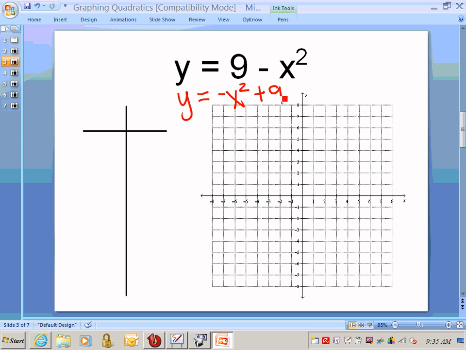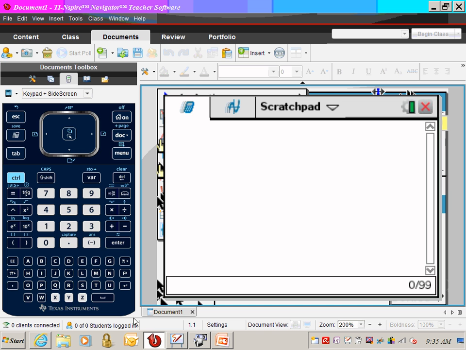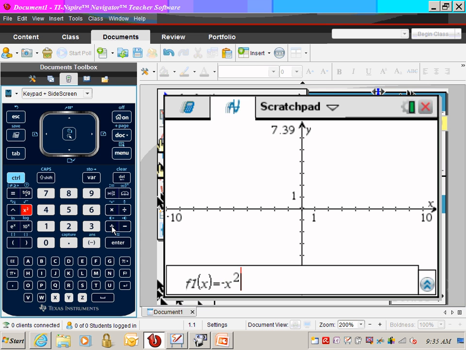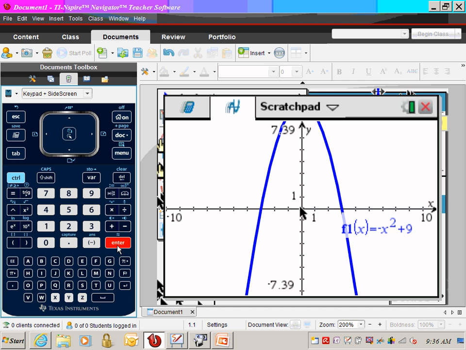And my y is by itself and it's positive, right? So then let's graph this. So negative x squared plus 9. Does everybody's graph look like mine?